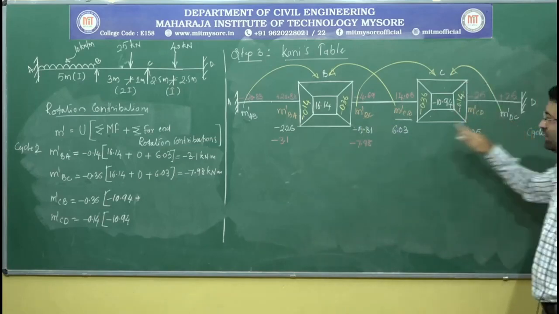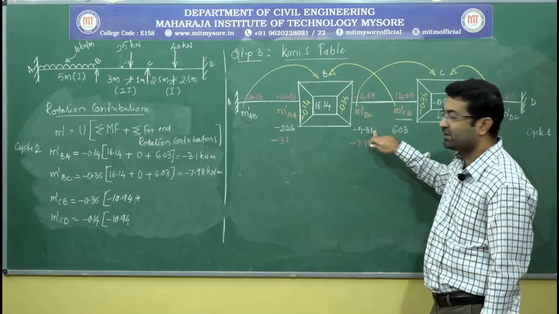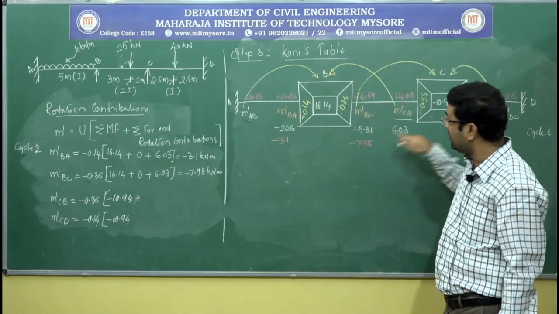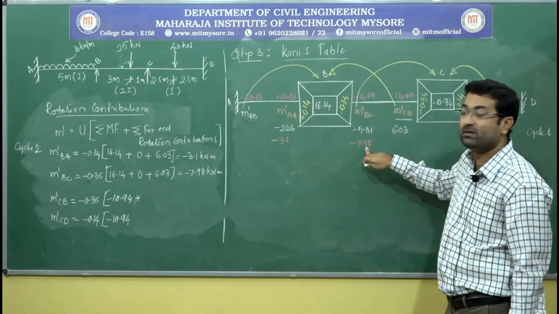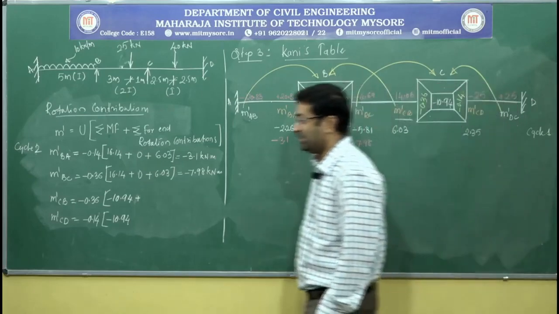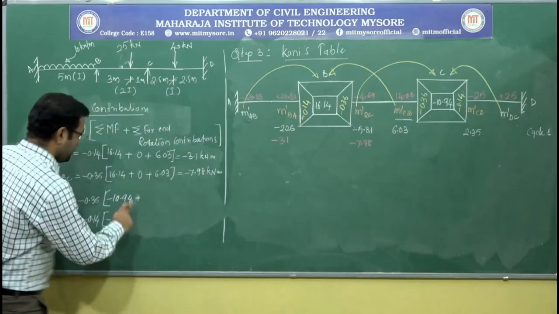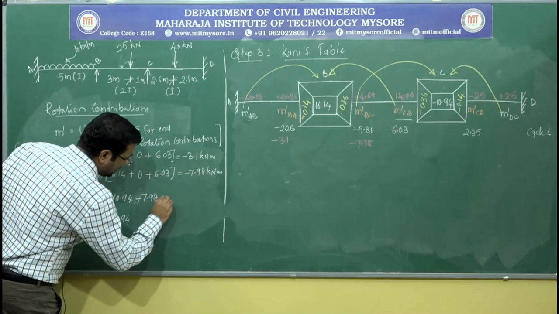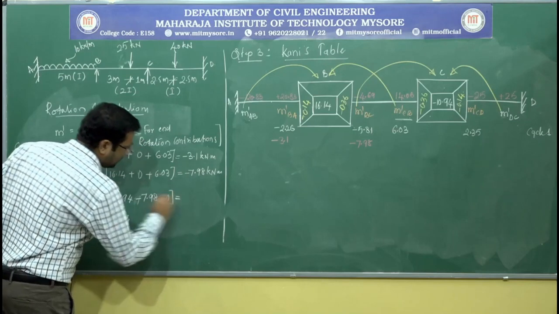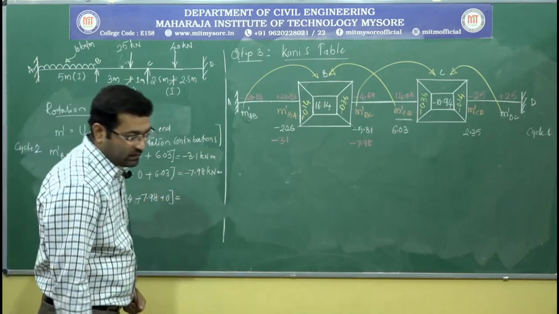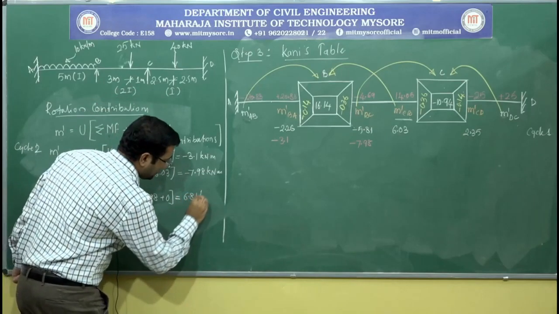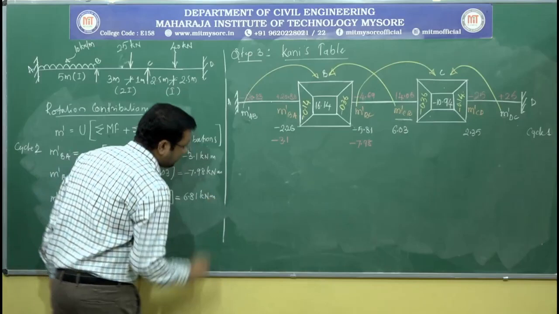M dash DC is 0, whereas M dash BC in the previous cycle we had taken as minus 5.81, but now it has to be minus 7.98. So this is minus 7.98 plus 0, that gives you a value of 6.81 kilonewton meter.